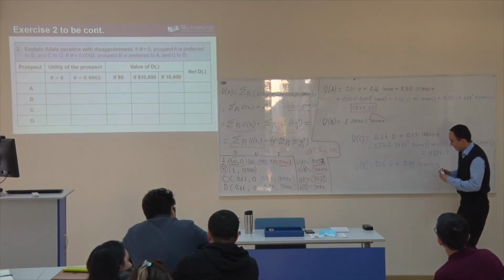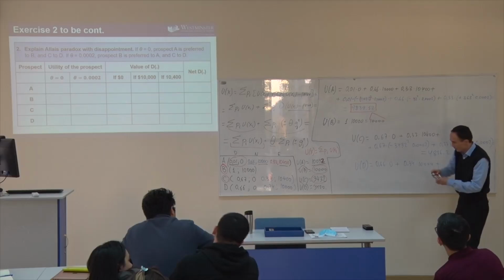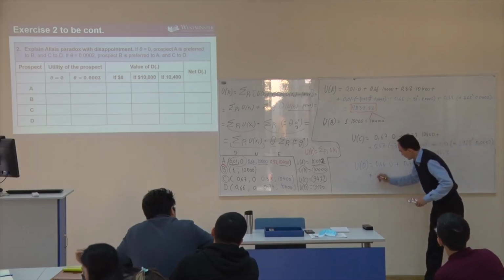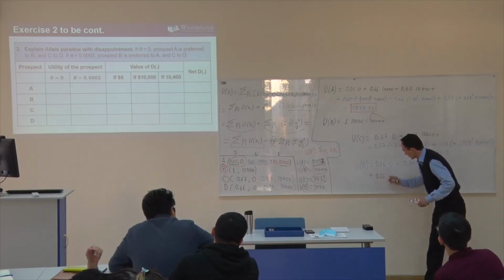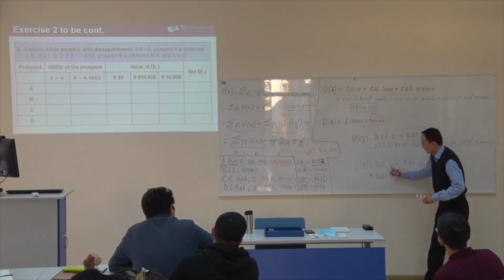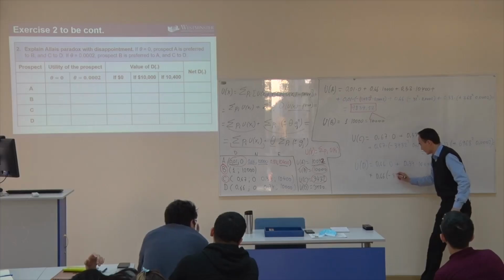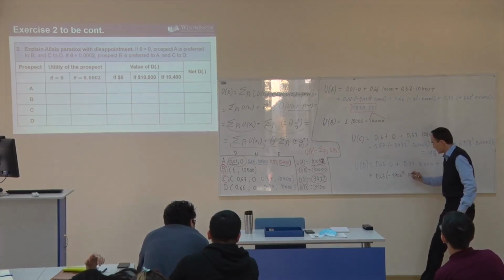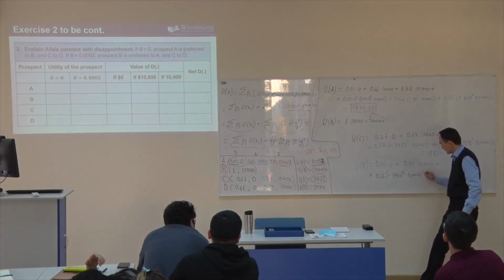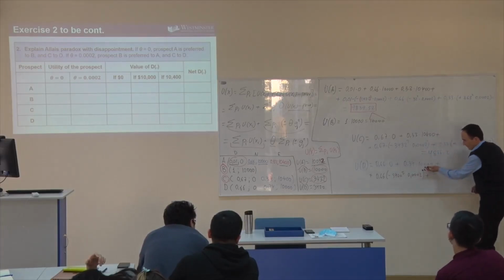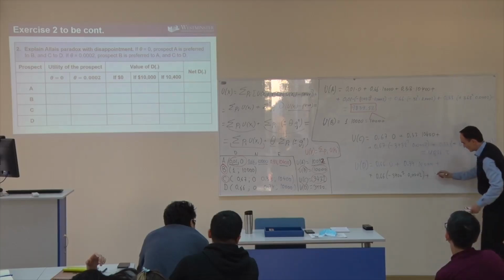plus. And now we will control for disappointment, where we are saying the disappointment of there is 66% probability of getting 0, which is less negative, so 3,400 square times 0.0002 plus, and now 10,000, which is much greater, right?